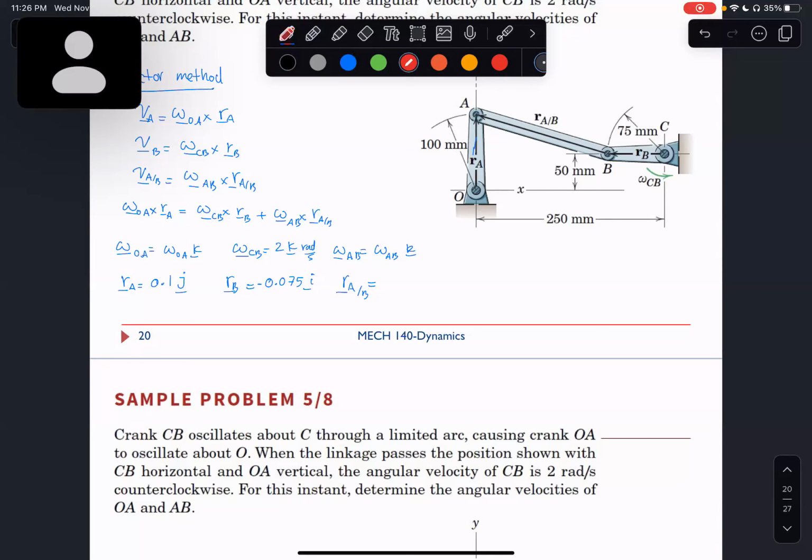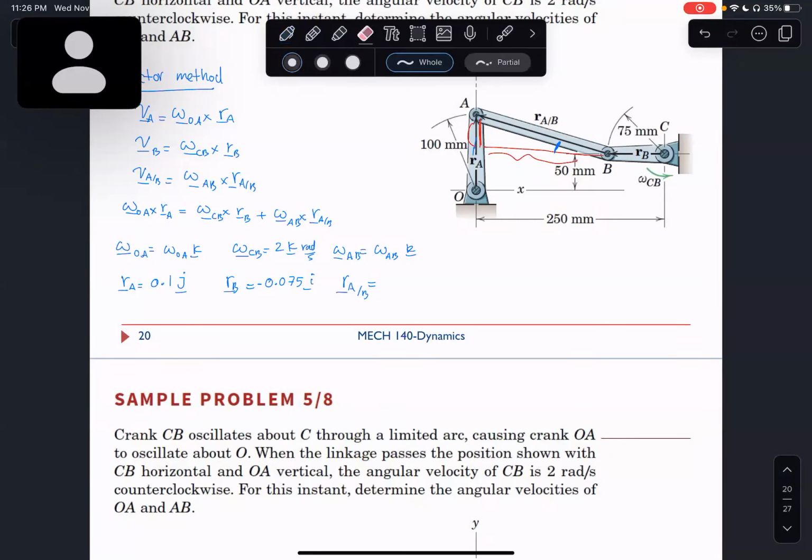You just need to do some calculations. You need to find this distance and this distance, and those are along I and J, right? You could find this angle and use it to find these lengths. Oh, sorry about that.